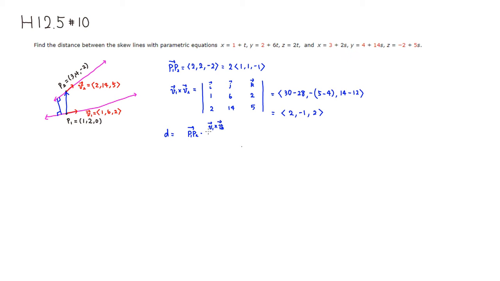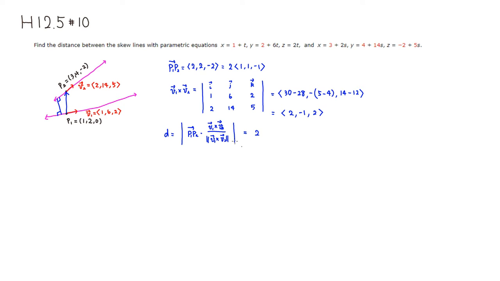So we're going to divide by its own length, the magnitude of V1 cross V2, on the bottom. We also have to make sure that it's positive, so I take the absolute value. So let's compute this. There's a 2 in front of the P1P2 vector, so I'm going to put 2 in front.